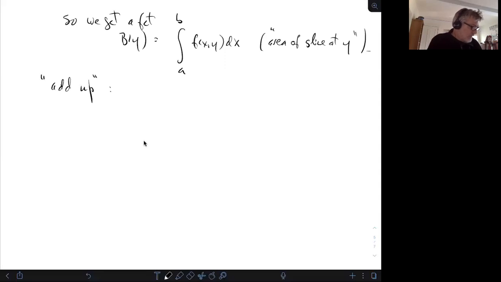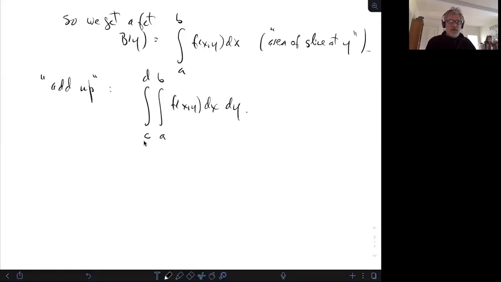So you get the integral from c to d, integral a to b, f of x, y, dx, dy. The inside part is b of y, so this is the integral from c to d of b of y, dy.